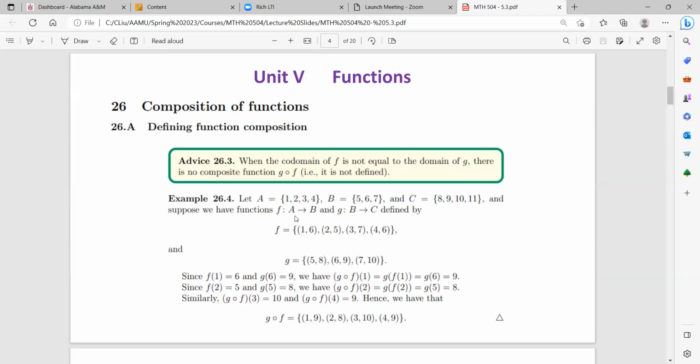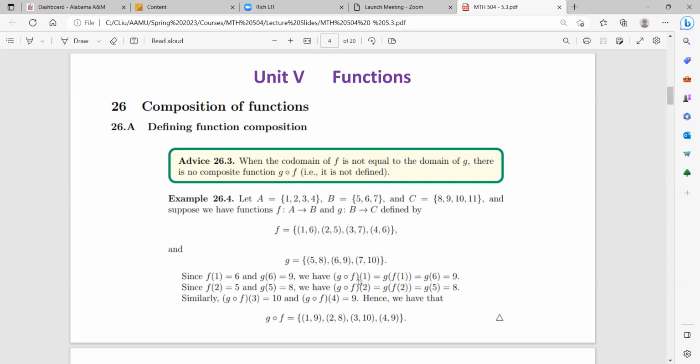F from A to B is defined as those 4 ordered pairs: (1,6), (2,5), (3,7), (4,6). And G from B to C has 3 ordered pairs: (5,8), (6,9), (7,10). If you check one by one, F of 1 equals 6, and then you map 6 to 9 in C under G. So G of 6 equals 9.